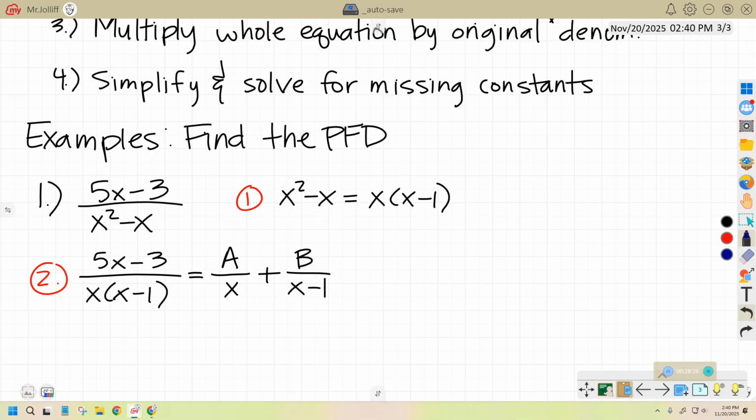Step 3. Correct. So I'm going to take this whole fraction, every term, both sides, and I'm going to multiply by the factored denominator on the left.